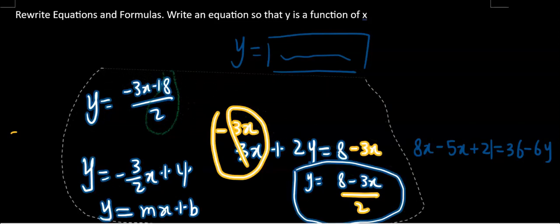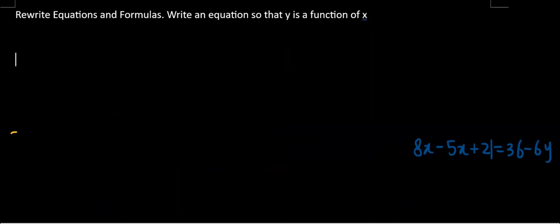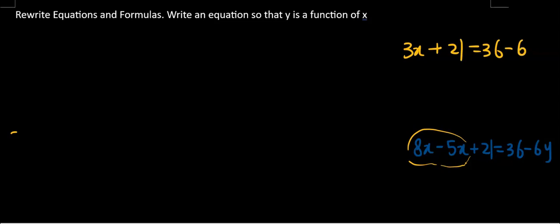Our last problem for today is 8x minus 5x plus 21 equals 36 minus 6y. We're going to rewrite it. And first, we're going to combine like terms. 8x minus 5x is 3x, plus 21 is 36 minus 6y.